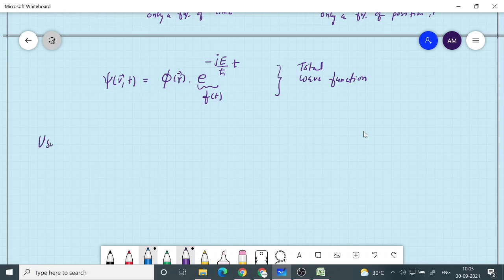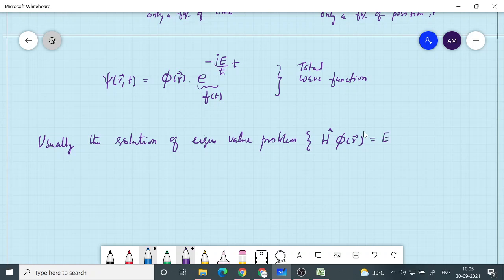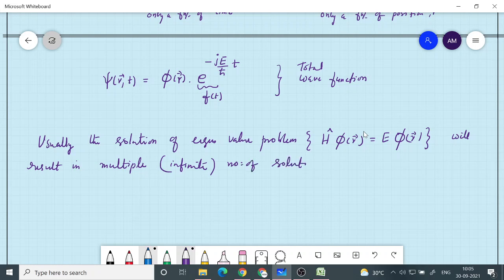So usually the solution of the eigenvalue problem, H operating on psi of r is equal to E operating on the same function, will result in multiple, and very often an infinite number of, solutions.